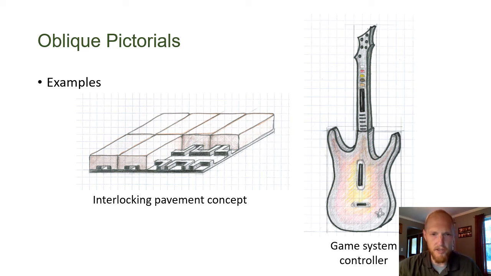It looks a little bit more like you're looking at the actual product than isometric does. Isometric works better if you want a three-dimensional pictorial that you're going to actually dimension, because everything's drawn to its true size and true angles to each other, whereas oblique doesn't really work well for dimensioning, but it does work better than isometric for just showing what the product's going to really look like.